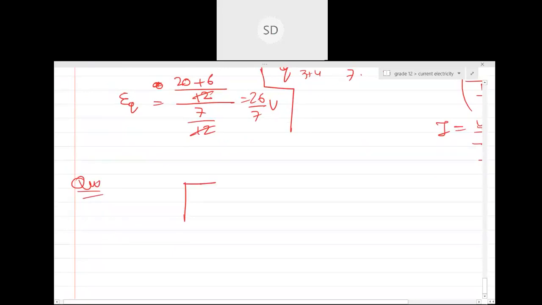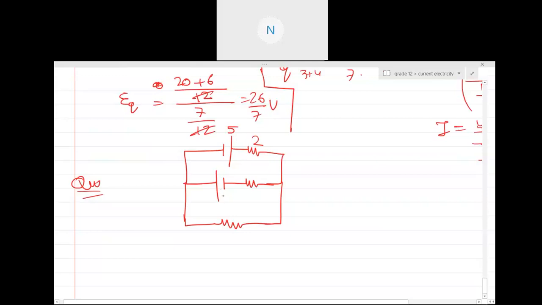Suppose I have this is 5 and this is 2, and let's say this is 4 and this is 1. Can you see them? They are in reverse polarity, right?